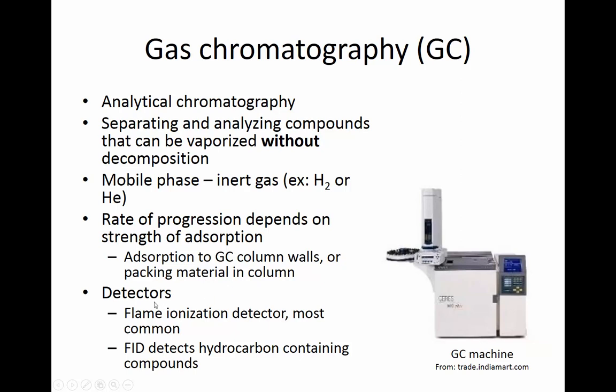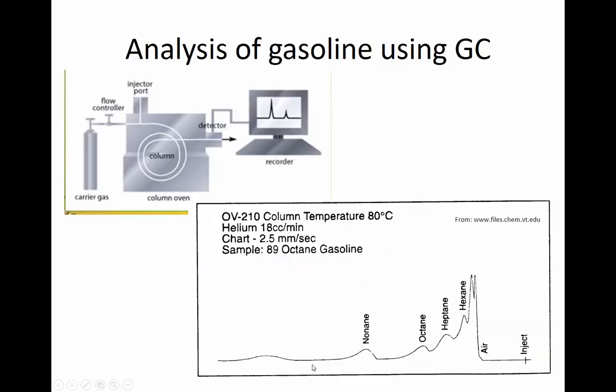How do you detect the compounds? We can detect them using this thing called the flame ionization detector. That's the most common. And so this detects hydrocarbon-containing compounds. So it's good if you're looking at organic compounds. For example, if we're looking at an analysis of gasoline, what's in gasoline using gas chromatography, you can see you have a variety of different alkanes.